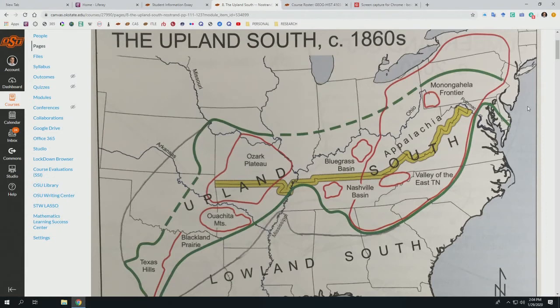So the Bluegrass Basin and the Nashville Basin have, for the upland South, a very different demographic. So you have the same Anglo and German farming folk and plantation owners, but African American slave populations early on into this area, okay?